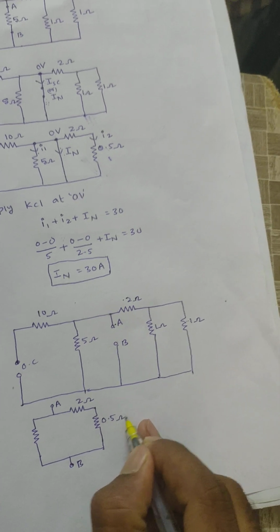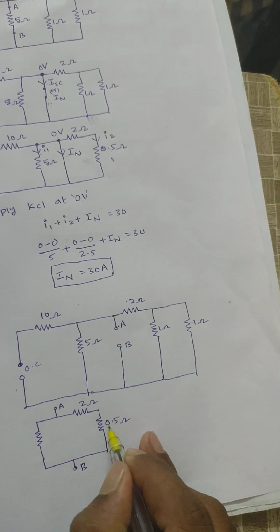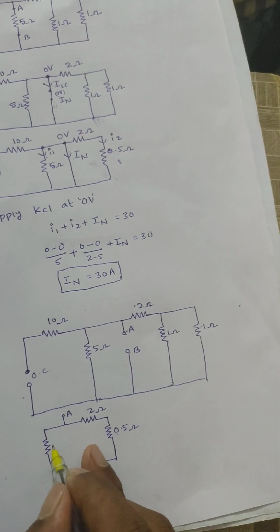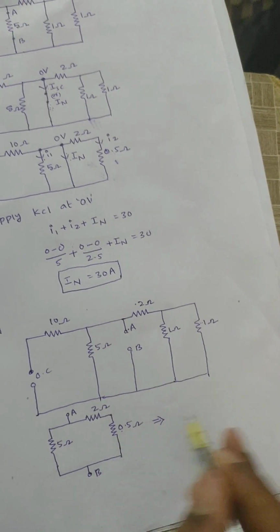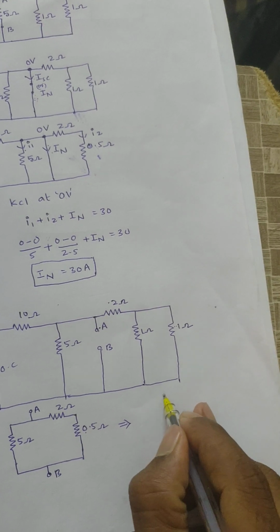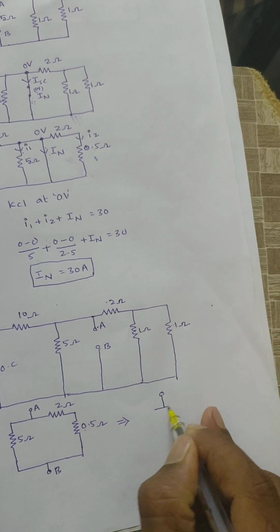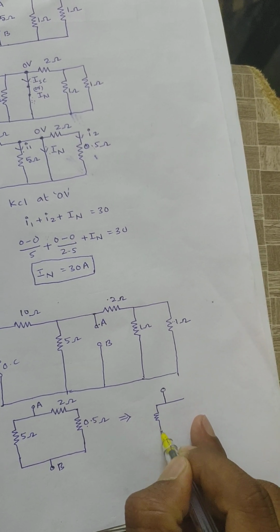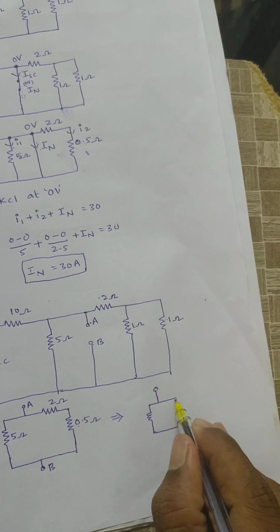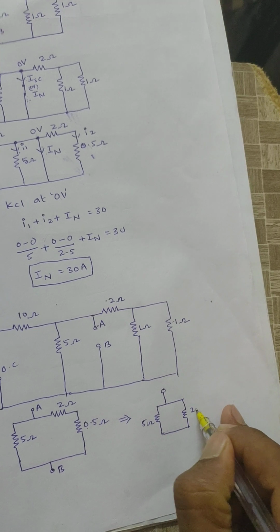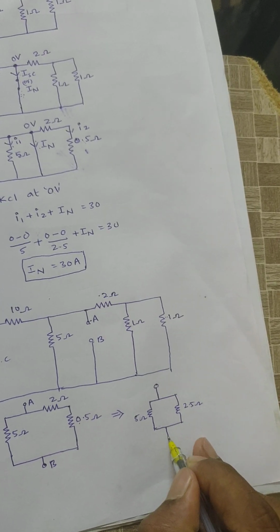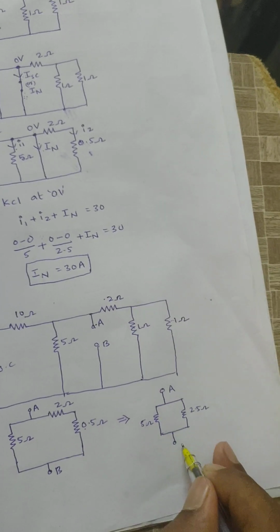That is, these two resistors are replaced by a single resistor, that is shown here. Here this value will be 5 ohm. After that, 2 and 0.5 ohm are connected in series, right? Then the equivalent circuit will be like this, 5 ohm and 0.5 ohms. Okay, that is 2.5 ohm, A and B, right?